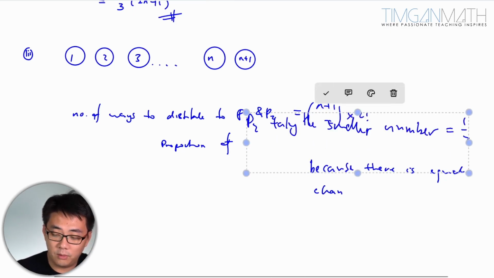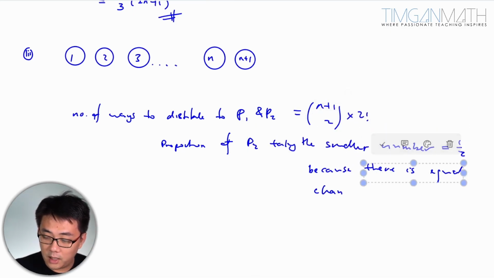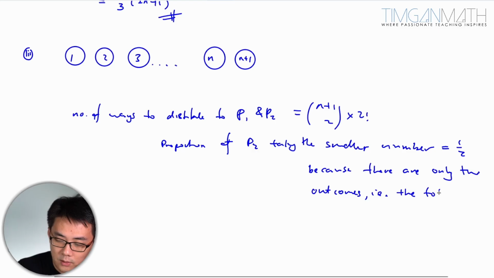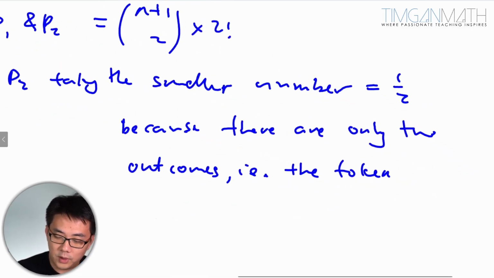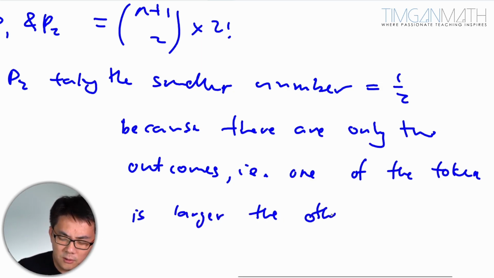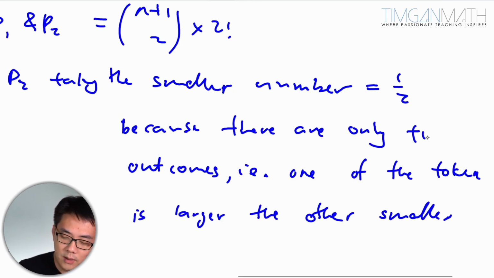There are only 2 outcomes when you choose the tokens: one of the tokens is larger, the other smaller.